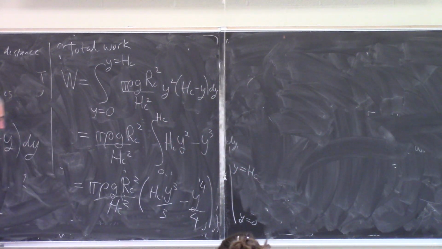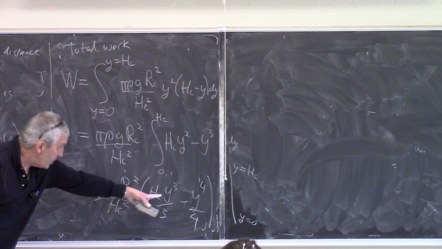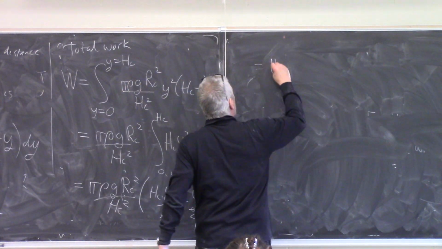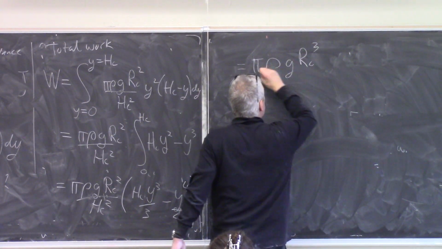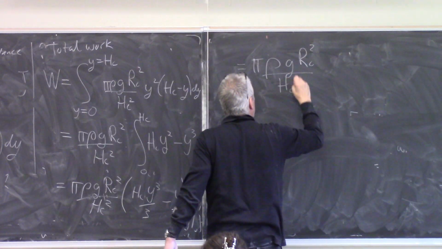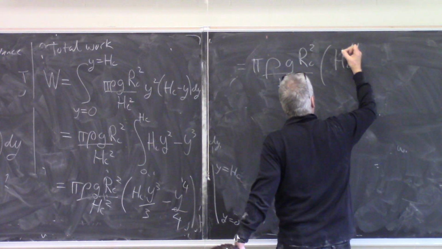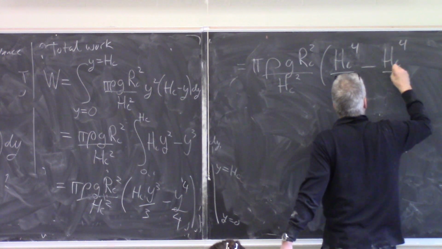Well, you can see when y is equal to 0, both those terms go away. So all I really need to do is plug in Hc. So I get Hc times Hc cubed, so I'm going to have Hc to the 4th. So pi rho g Rc squared over Hc squared, and then I have Hc to the 4th over 3 minus Hc to the 4th over 4.